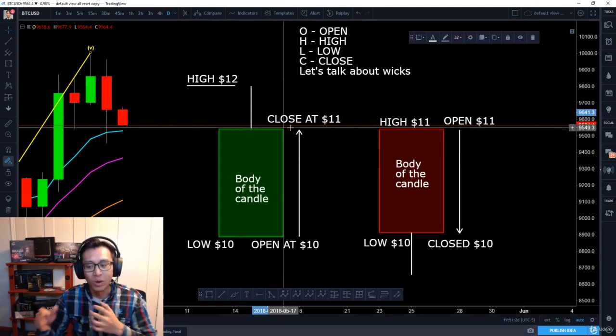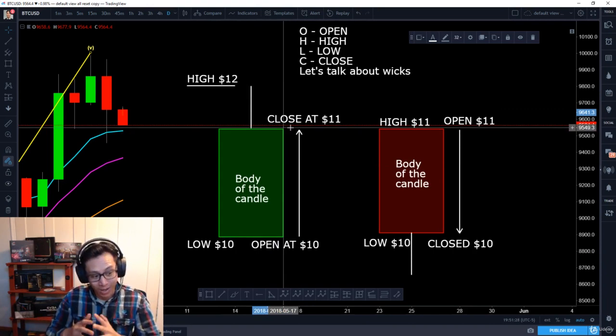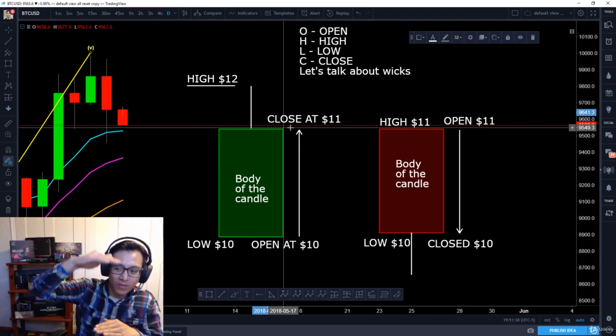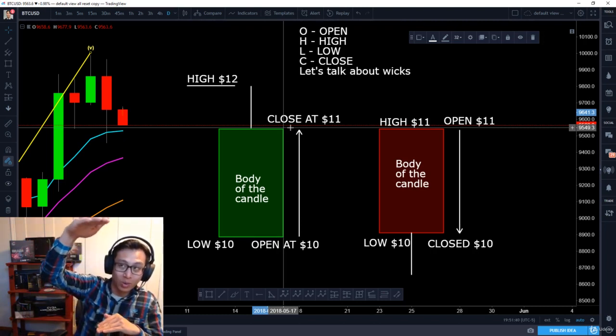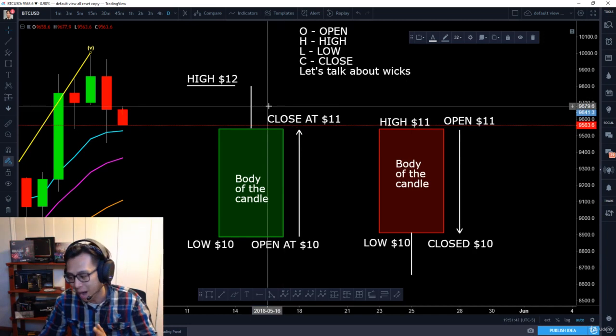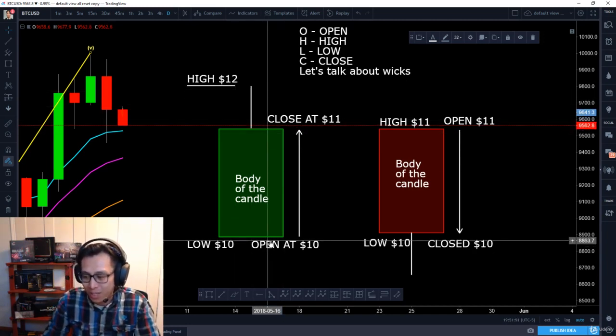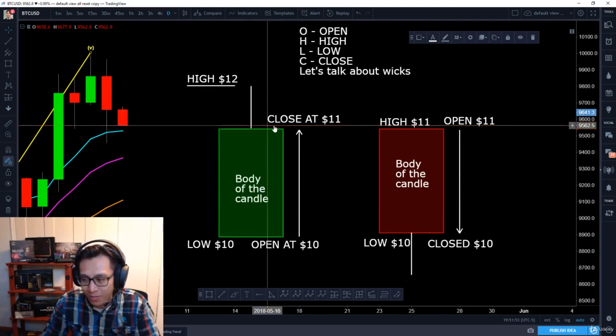Now you might wonder what would cause a wick, okay? What would cause a wick? So the body of the candle is only the solid part of the candle, where people will start buying, and if it closes with a body of a candle only, that's where it officially closed and people stop buying at that candle. But what this wick actually refers to is that people bought, they opened at $10 and people bought up to $11, right?